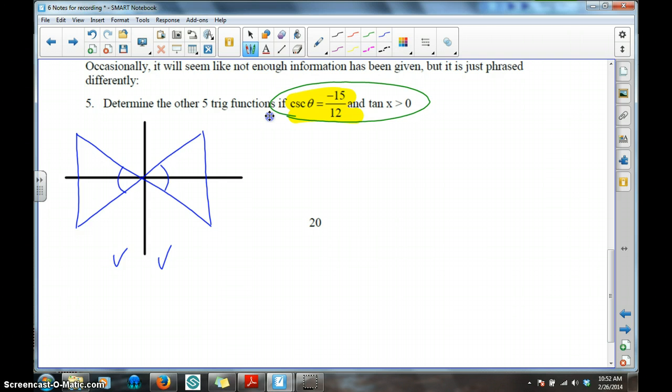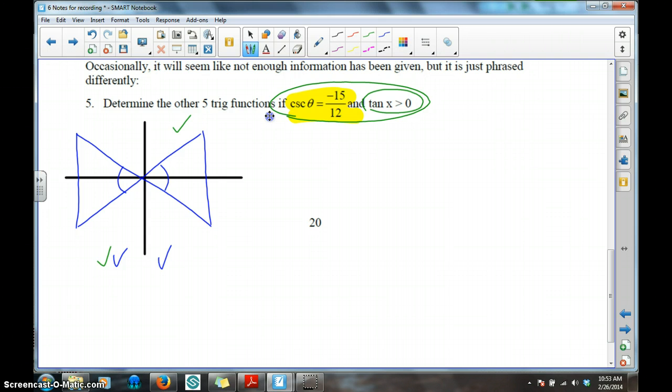Does everybody see where I'm getting that from? Now I'm going to use this second piece of information and say, okay, where could tangent possibly be positive? 1 and 3. So tangent is positive here and here.